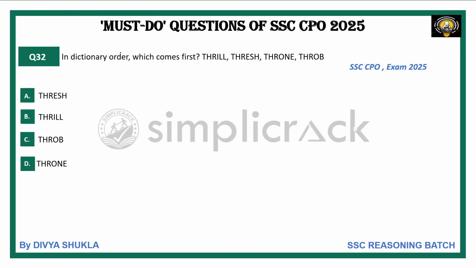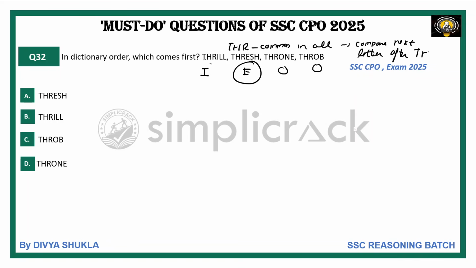In the dictionary order, which comes first? Thrill, thresh, thrown and throb. So you are seeing that THR is common in all. In this, the next letters are I, E, O and O. So you need to compare the next letter after THR.